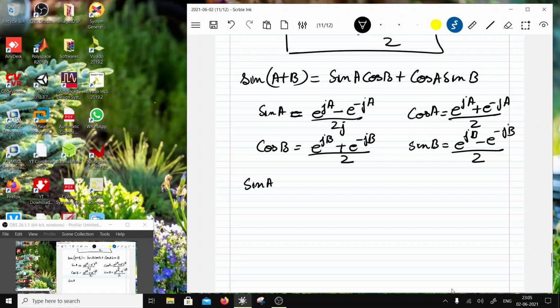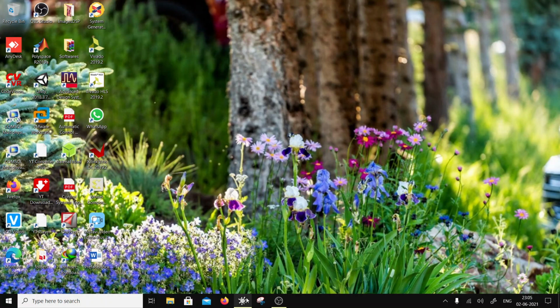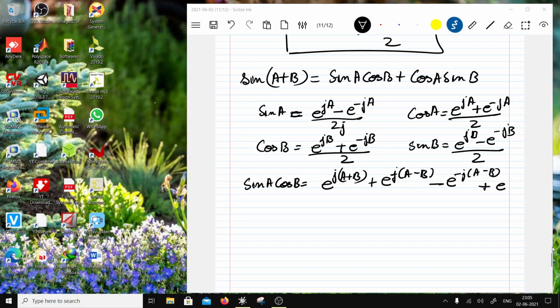So I have sine a cos b as e raised to j a plus b, plus e raised to j a minus b, minus e raised to minus j a minus b, plus e raised to minus j a plus b.